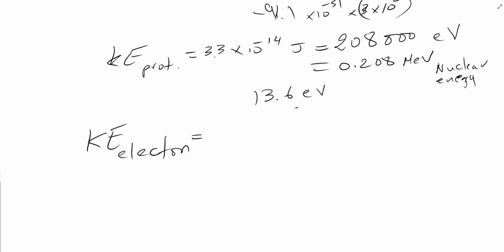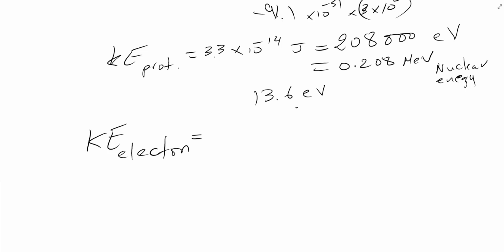The mass of the electron is 9.1, but instead of 10 to the negative 27, it's actually 10 to the negative 31. That takes care of this first term, and I need to do the same thing for the one that is being subtracted. So this is 9.1 times 10 to the negative 31. And enter.